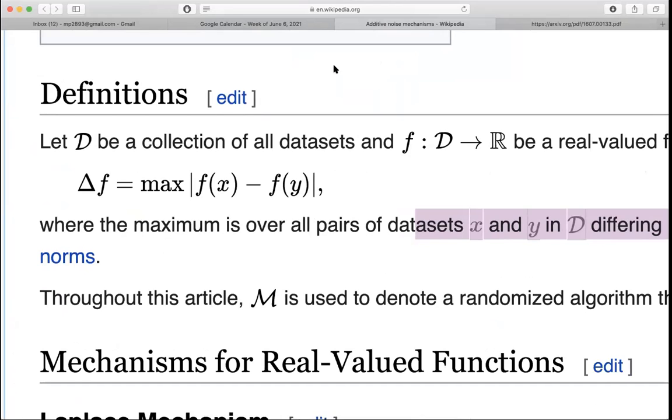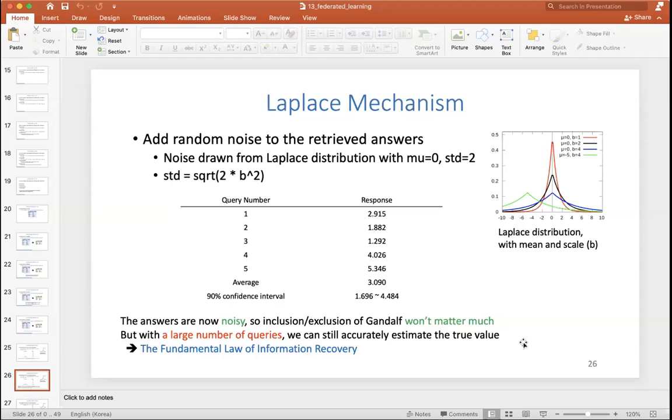So in our counting example, the maximum difference that can be incurred by x and y, which differ by one data point, is just 1. But if, for example, we round up our counting output to the nearest 5, so that a count value of 9 is rounded up to 10, but a count value of 11 is rounded up to 15, then the maximum difference that can be made by one record difference is 5.